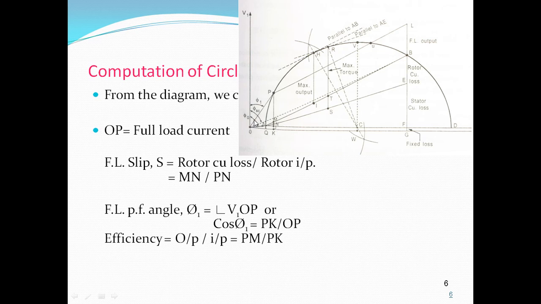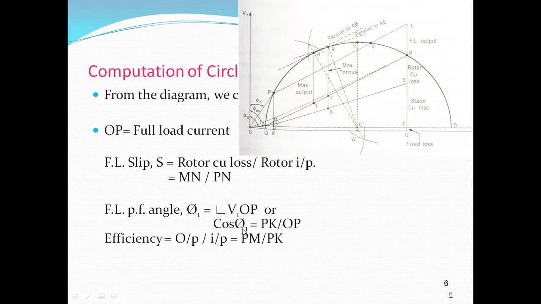So if we measure this OP, that gives the full load current, and slip is equal to MN by PN, with MN in centimeters and PN in centimeters. And the phase angle phi we can measure as the angle VOP.